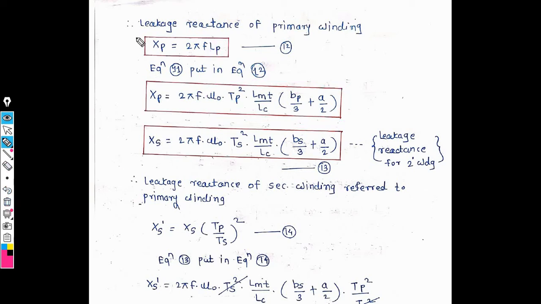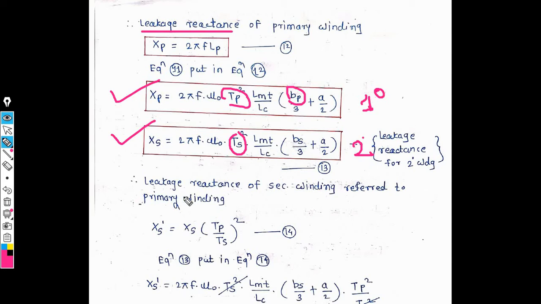This is the leakage reactance of the primary winding, and this is the leakage reactance of the secondary winding. XP is the leakage reactance of the primary winding and XS is the leakage reactance of the secondary winding, with primary turns TP and secondary turns TS, and BP and BS. This is the formula of XP and XS. Okay.